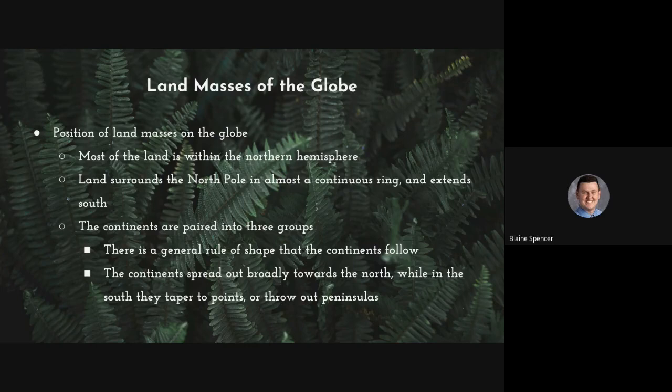But then when you think of South America and Africa, what do they do? That's right, they stick out to points. They go down to smaller points. They're not broad like North America, Asia, or Europe. These are some of the general principles that help unify and connect each continent.